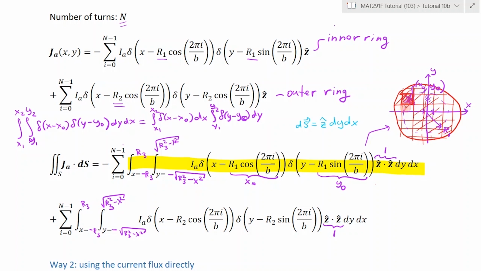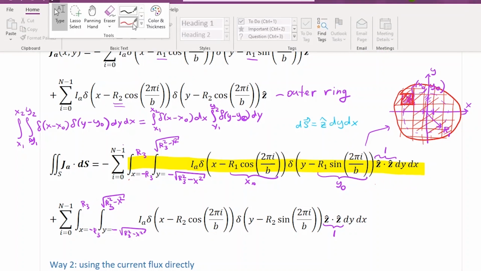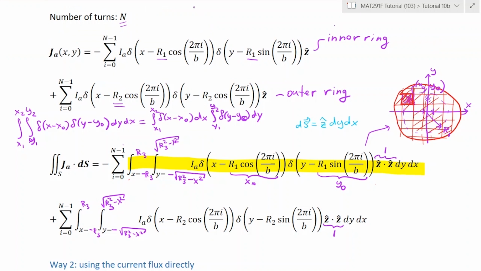Well, not really 1, it's going to give us IA. So then this is equal to IA. I'm referring to this yellow thing, so the part that's highlighted yellow is equal to IA.